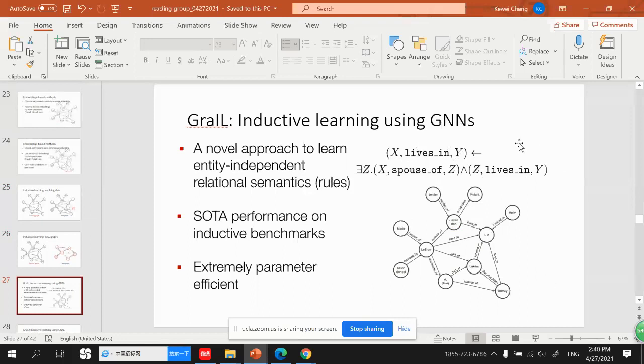And this logical rule is entity independent, but structure dependent.